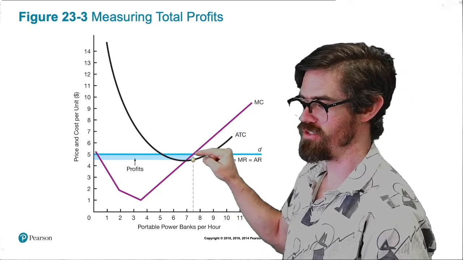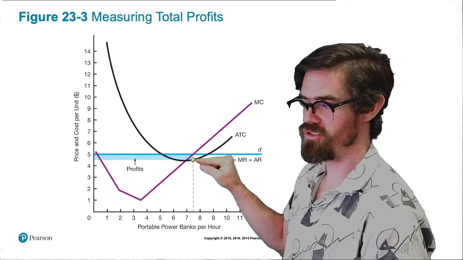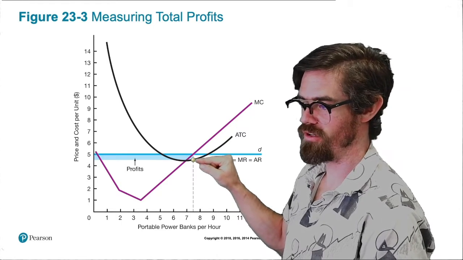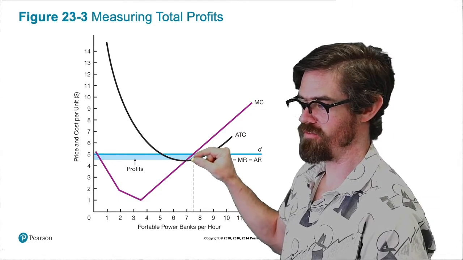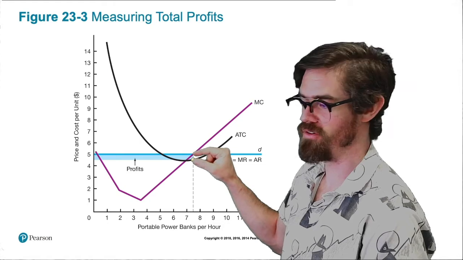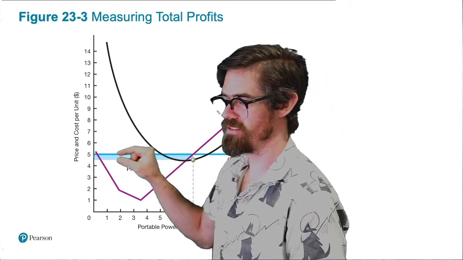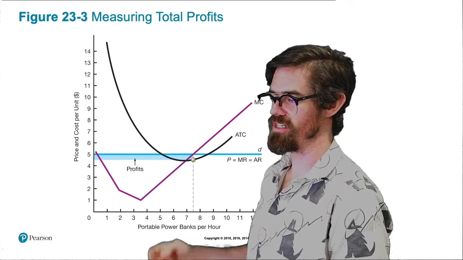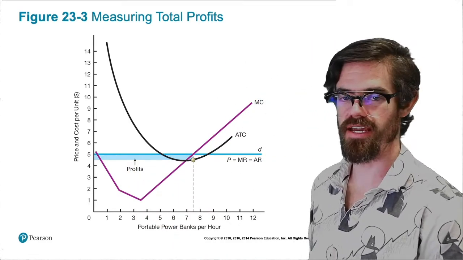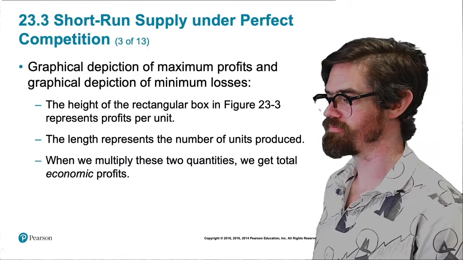All right, it's selling each unit at $5, and it's costing on average about $4.50. Okay, so in other words, the firm is making 50 cents of profit per unit. And then if we multiply that by the number of units, we basically get the profit, which is this rectangular area that's shaded light blue. Okay, so graphically, that's what profits look like.